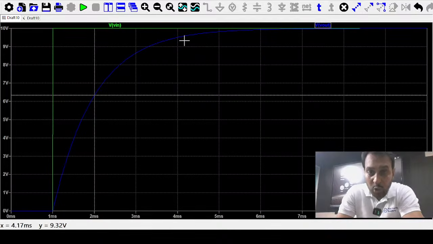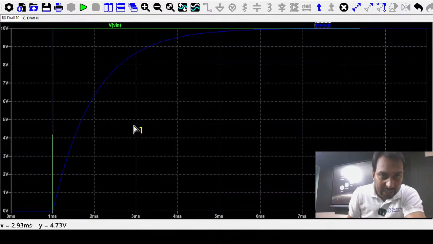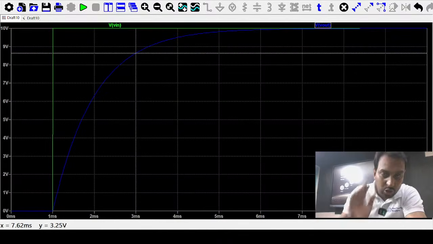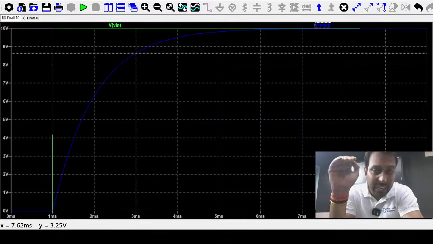If you talk about 2 tau, what is 2 tau? Basically after 1 millisecond, 2 tau means 2 millisecond. If you talk about 3 millisecond, your output becomes nearly about 8.6 volt. So you just think that the output is exponentially rising. It is not linearly rising.